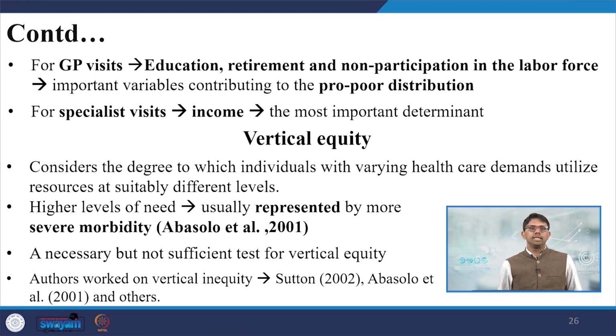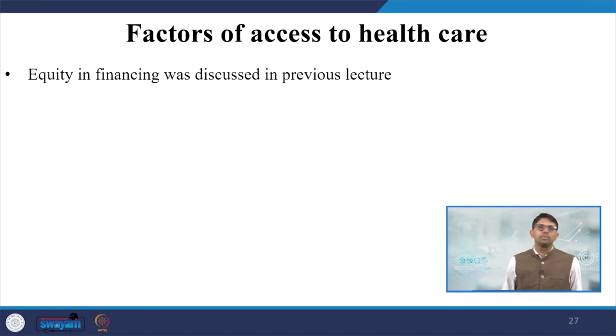Higher levels of need are usually represented by more severe morbidity, because such individuals have higher need. So this is a necessary but not sufficient test for vertical equity. Authors have also worked on vertical inequity, like Sutton and Bago d'Uva et al., etc. You can follow from other papers.